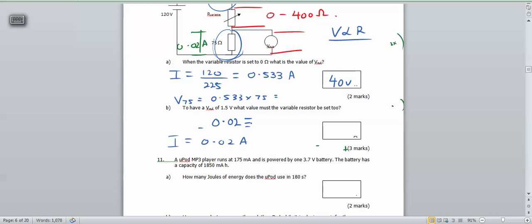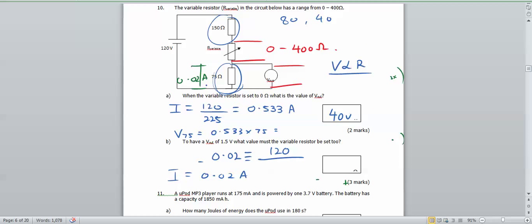0.02 is equal to V, which is 120, over R, which is 225 plus R. So 225 times 0.02 plus 0.02R is equal to 120.